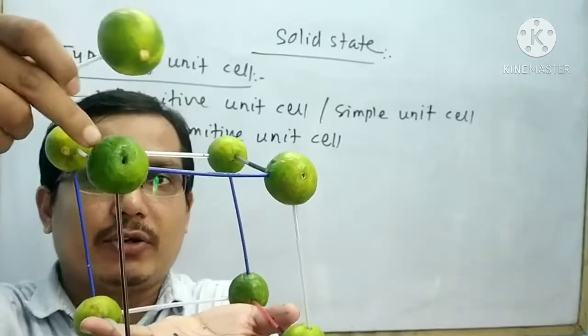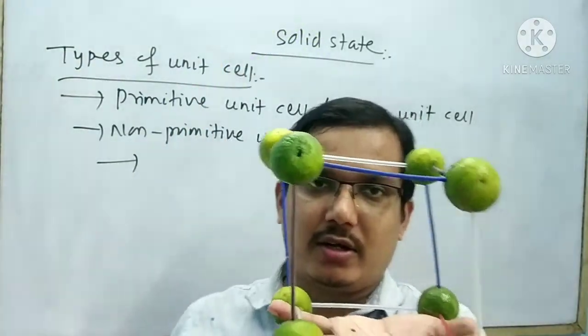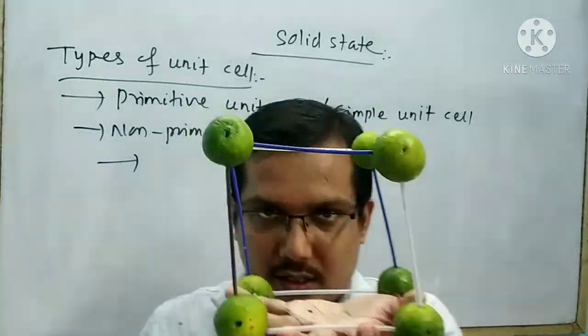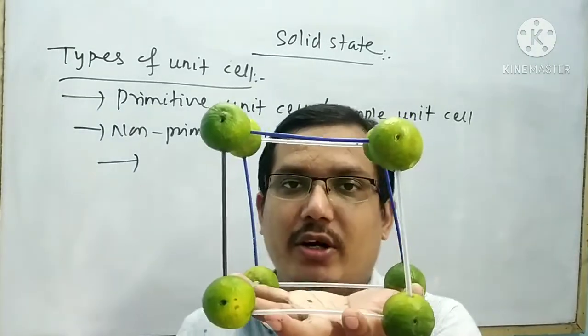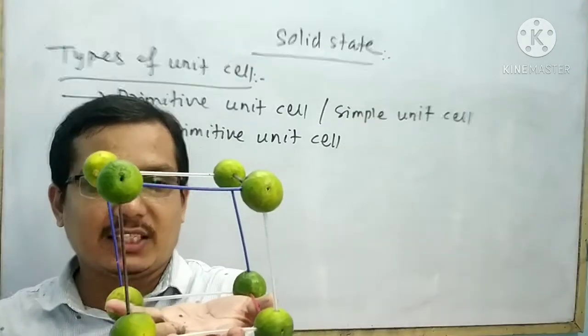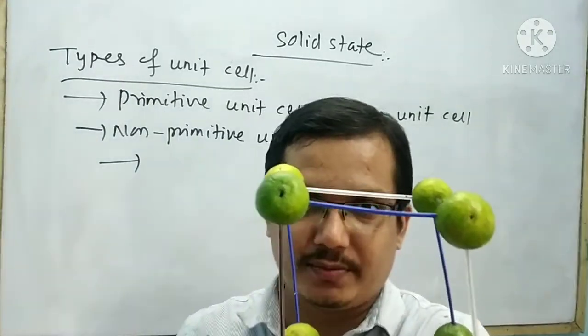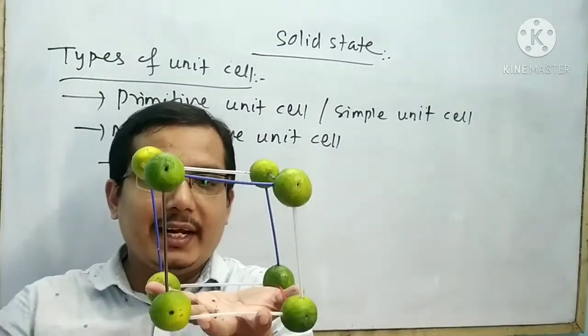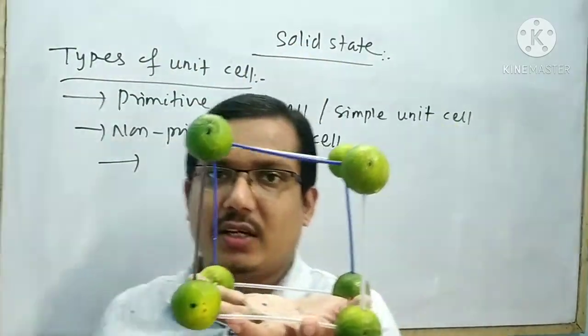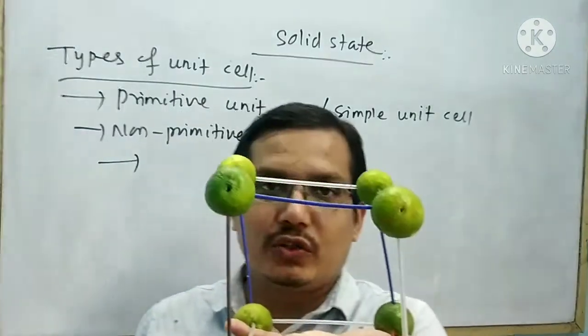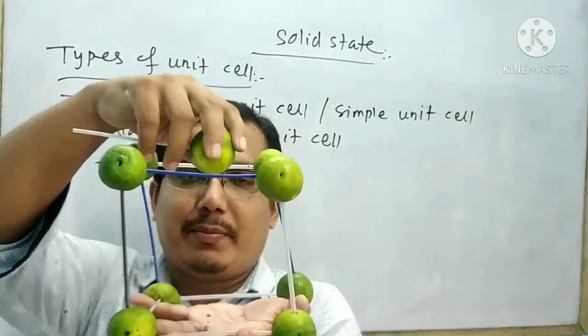Also, there are 8 constituent particles present at the 8 corners. That is the diagrammatic representation of the face-centered cubic. Next is the end-centered cubic. If 8 constituent particles are present at the 8 corners of the cube, then 2 constituent particles are present at the faces.